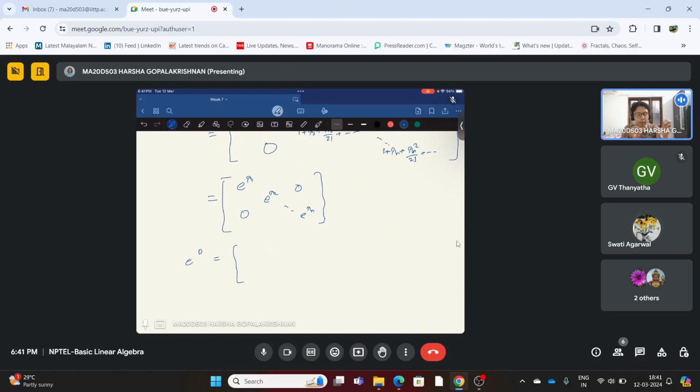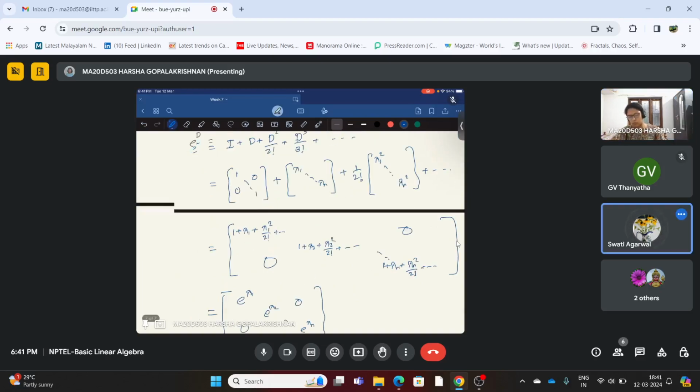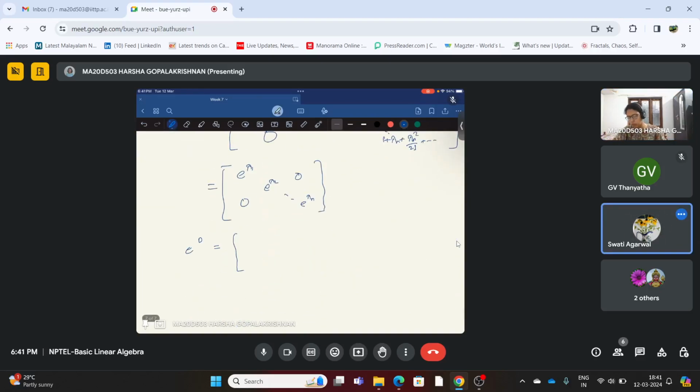If lambda 1, lambda 2, up to lambda n are the eigenvalues, the diagonal will be e power lambda 1, e power lambda 2, up to e power lambda n. So what are all the eigenvalues here? 2 and 4, right?